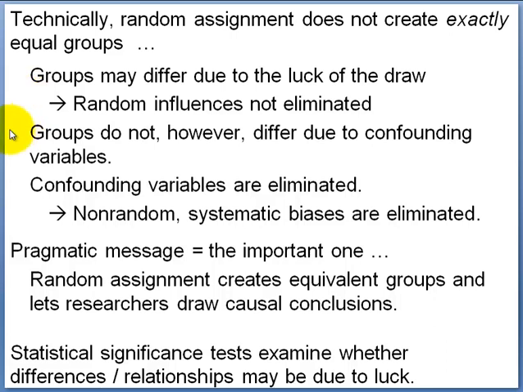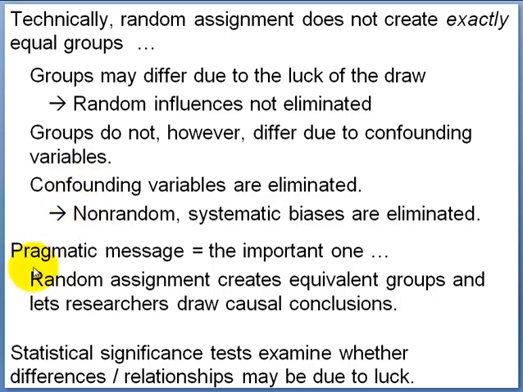Random assignment doesn't eliminate random differences, but it does eliminate differences due to confounding variables. There's no systematic bias. There's no bias in the sense that those who are more motivated, because they're more motivated, choose a particular intervention. The differences that exist are random.